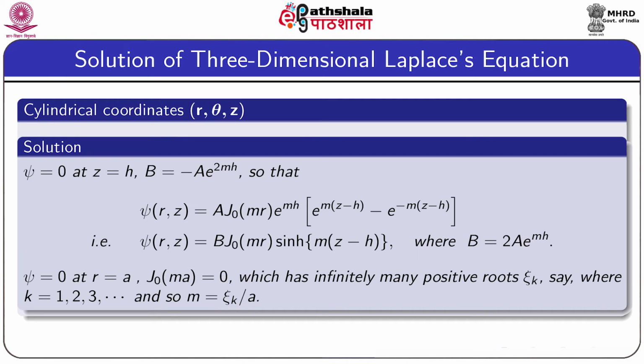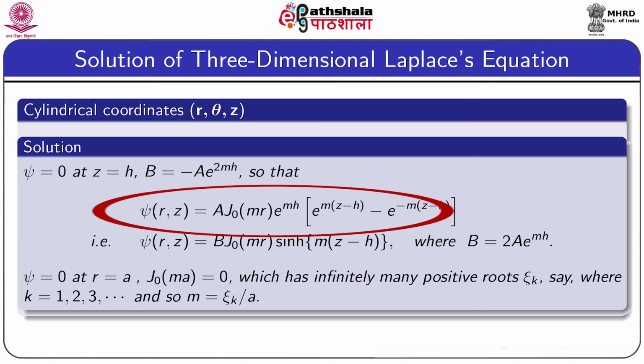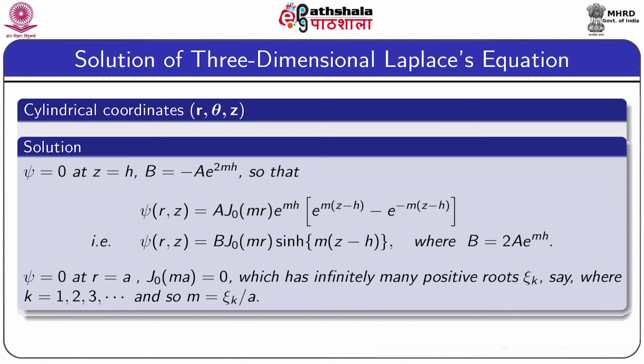So, substituting the value of B in the solution ψ(r, z), we get A J0 e^(mh) (e^(m(z-h)) - e^(-m(z-h))), or it can be written in the form ψ = B J0 sinh(m(z-h)), where B = 2A e^(mh).